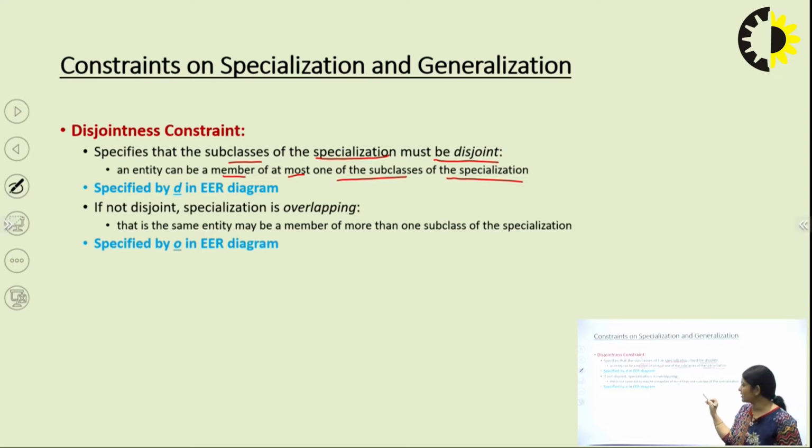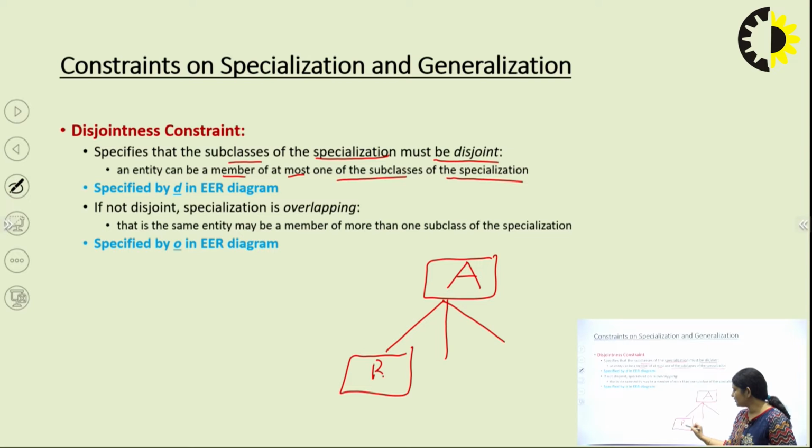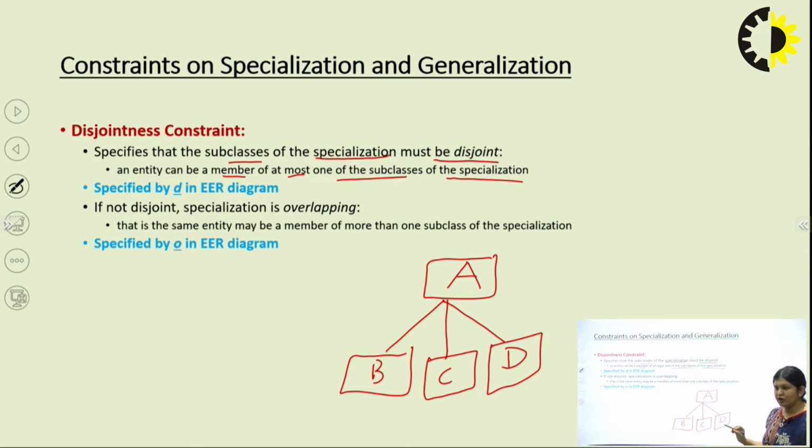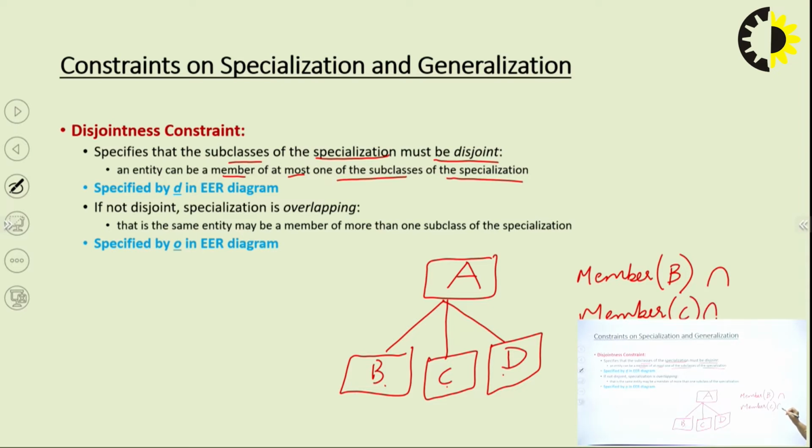I give you a very simple example. We have a superclass A at the upper level and, say, 3 subclasses, B, C and D. We know any member belonging to B, C, D would definitely be a member of the superclass A. Now the disjoint constraint is saying that members belonging to class B intersection members belonging to class C intersection members belonging to class D should be null.